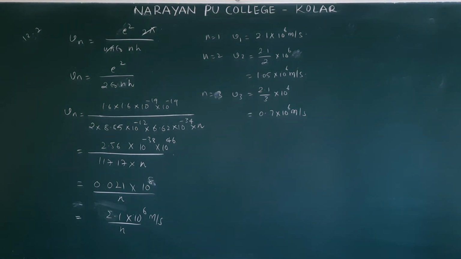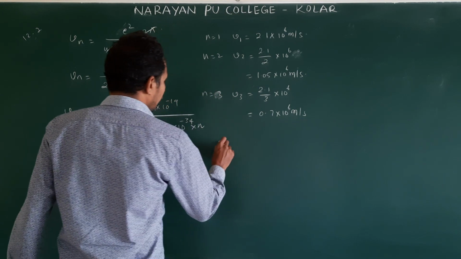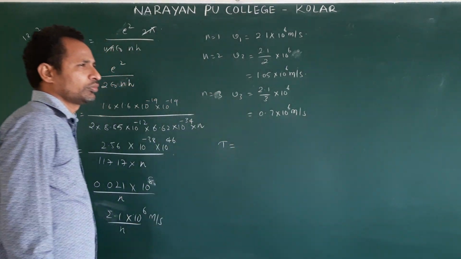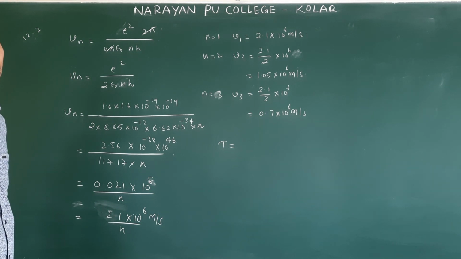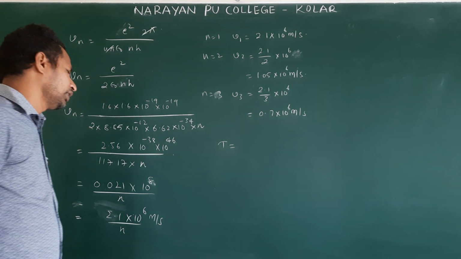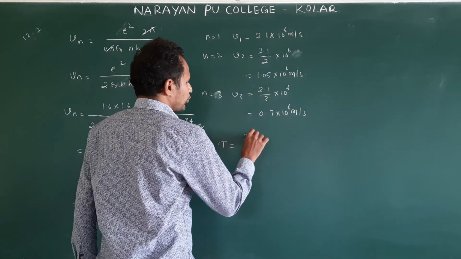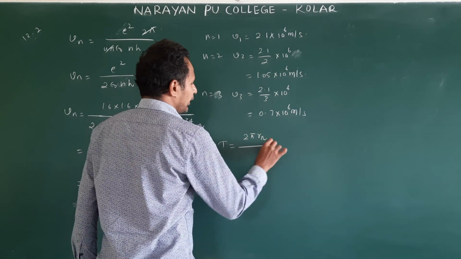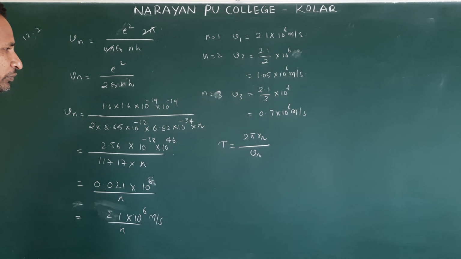So we need to frame the equation now for the time period. How do we write the time period? T is equal to, velocity is distance by time, right, am I correct or not? Velocity is equal to distance by time, so time is equal to distance by velocity. Distance means 2 pi Rn by Vn. Clear?